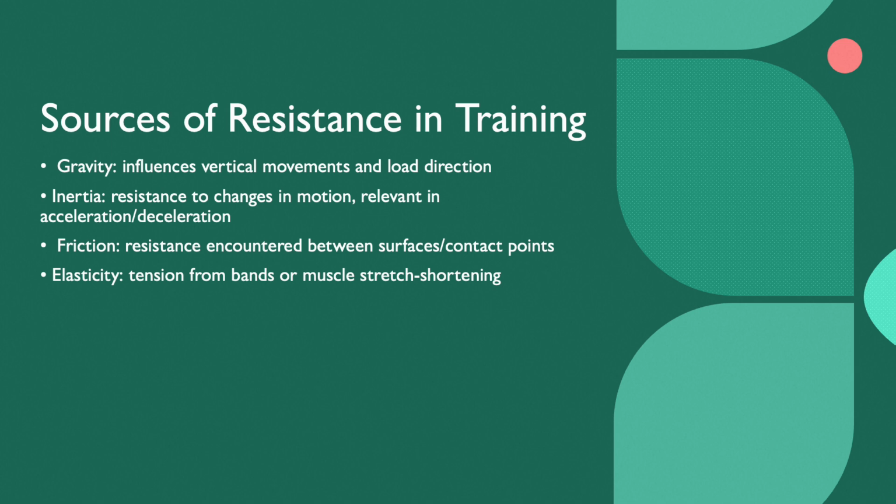This creates variable resistance depending on length and tension that we stay under. Understanding these different forces helps us choose the right training tools and progress exercises safely. Also, understanding that we can control some resistance depending on what equipment we are using helps as well.